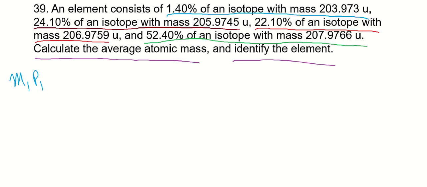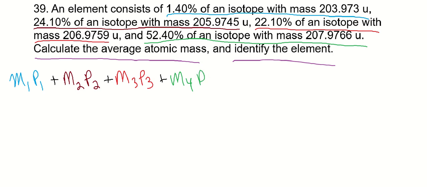We are going to add that to the mass of the second isotope times its relative abundance, and add that to the mass of the third isotope times its relative abundance, and add that to the mass of the fourth isotope times its percent abundance, and that's going to give us the atomic mass, and we'll use that to figure out what element it is.